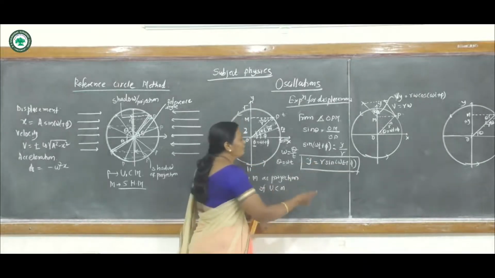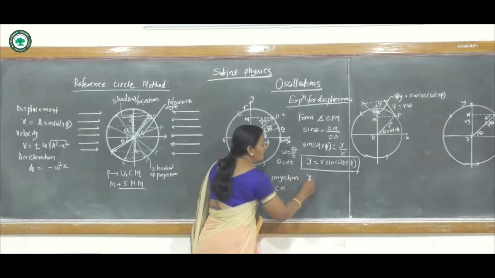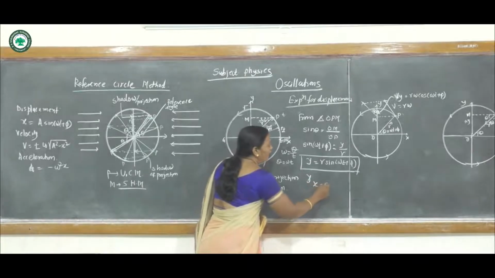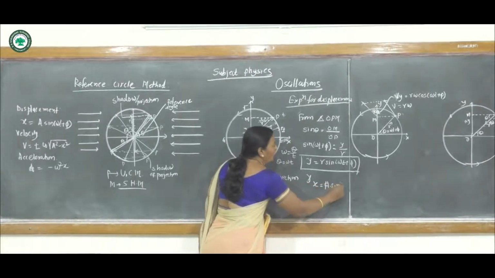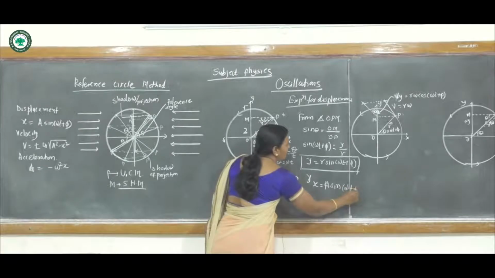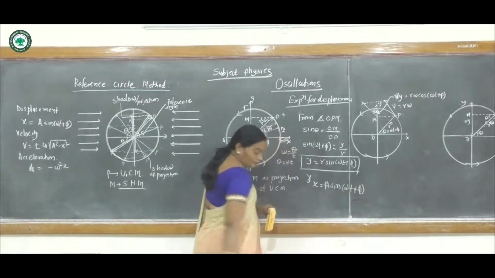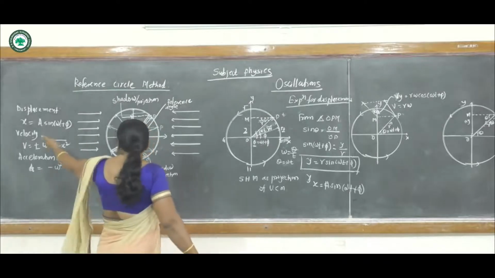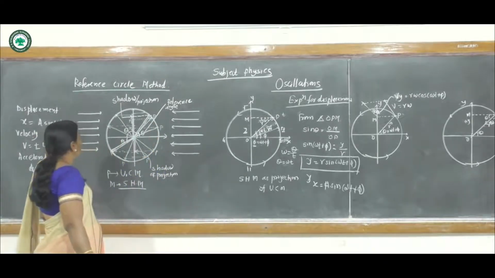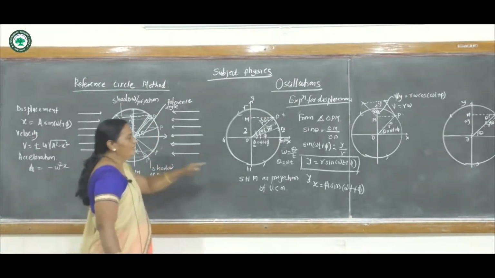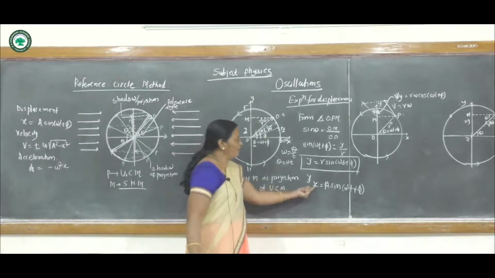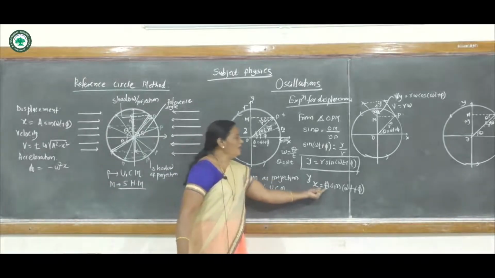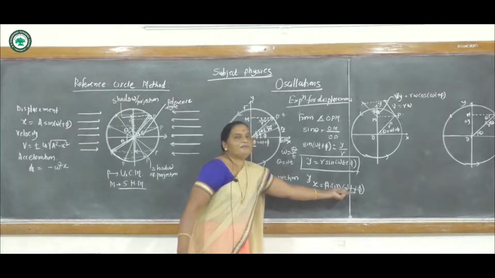Now we have the equation of displacement, that is x is equal to a sin(omega t plus phi).